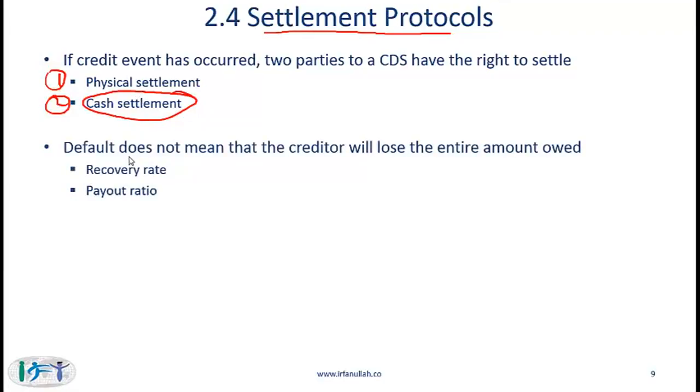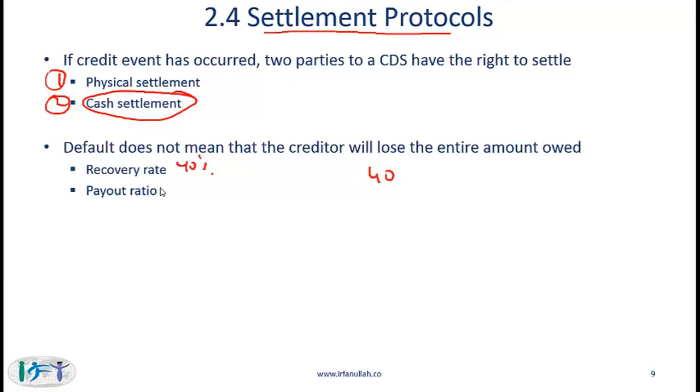Now keep in mind that if there is a credit event, let's say there is a default which is a failure to pay, this does not mean that the creditor will lose the entire amount owed. We need to understand the concept of a recovery rate and a payout ratio. Let's say that we have a recovery rate of 40%. This means that for every 100 that is owed, 40 is going to be recovered.